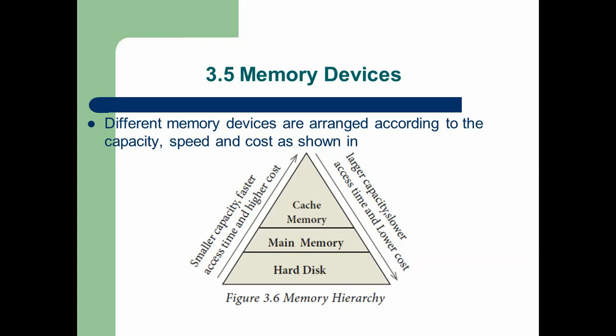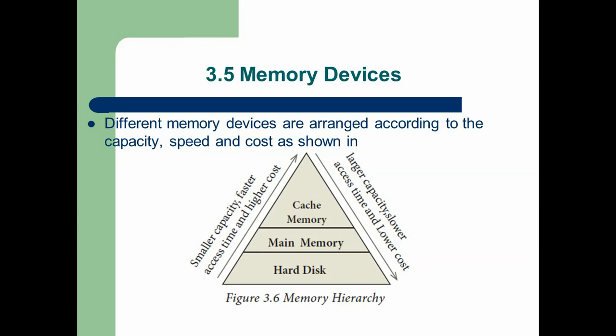Now here you can see in the diagram there are different types of memory devices arranged depending upon the capacity, speed and cost. So here you can see three types of memory. One is cache memory, another one is main memory, third one is hard disk. Cache memory is one of the costliest memories.